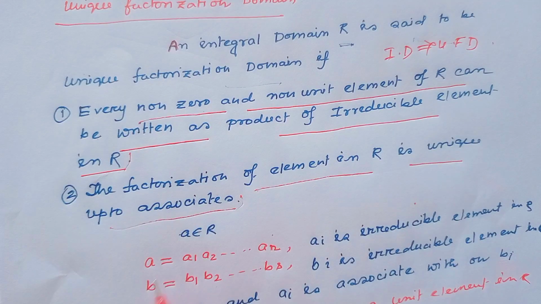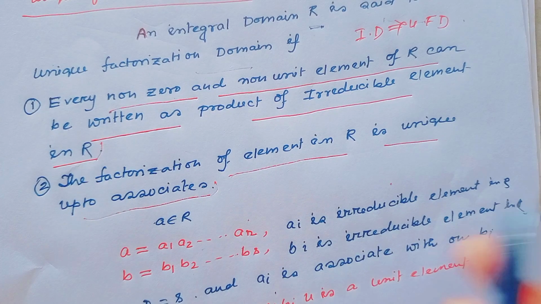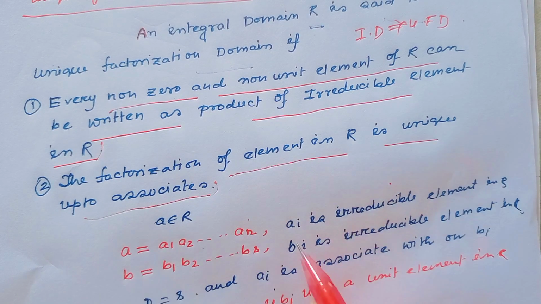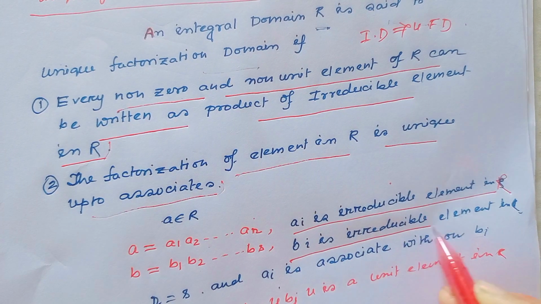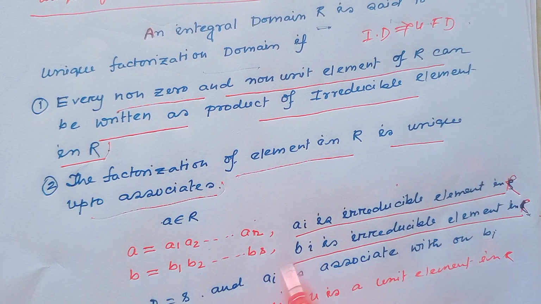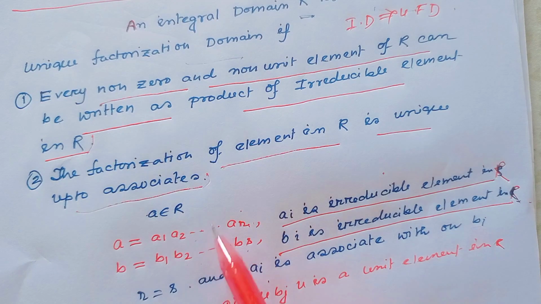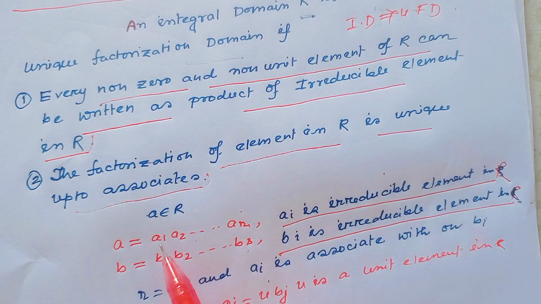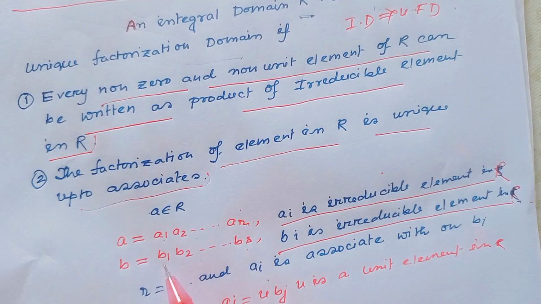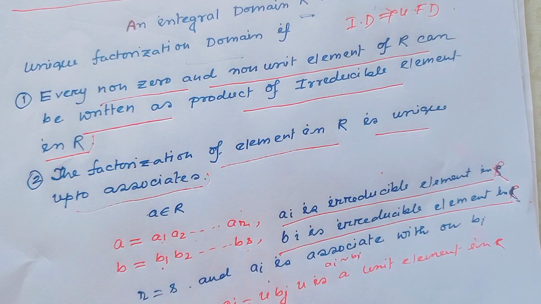Consider a belongs to R, with a equal to a1, a2, ..., ar and also b1, b2, ..., bs. Notice here all ai are irreducible elements in R and all bj are irreducible elements in R. Notice here r equals s, and these are actually the same because ai is associate with bj.